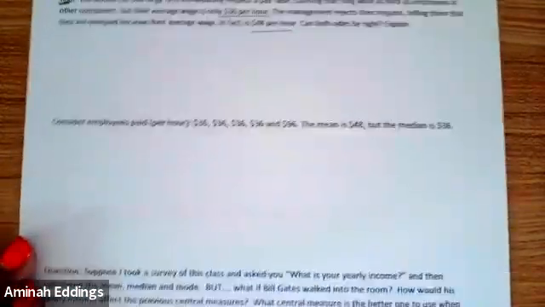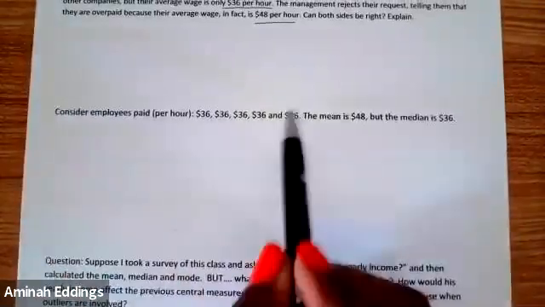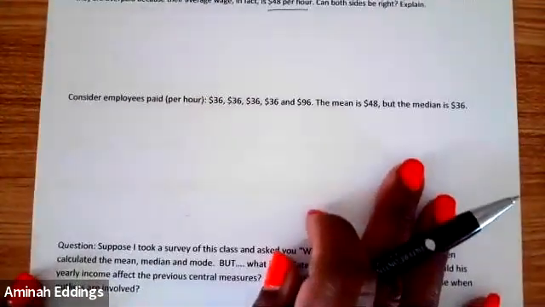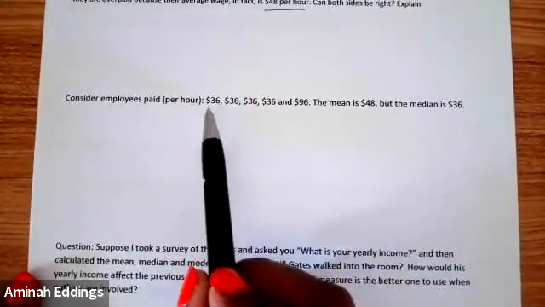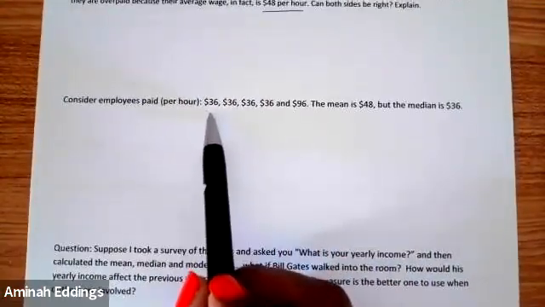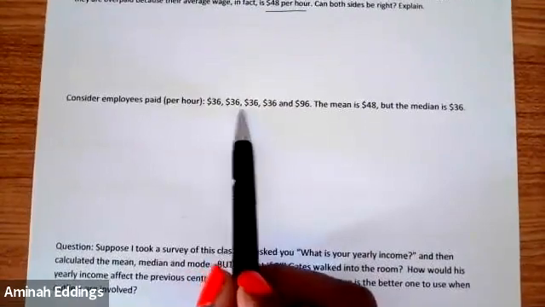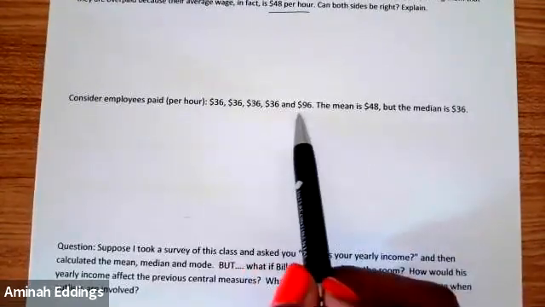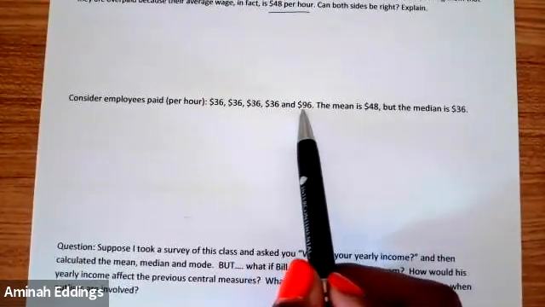All right, so one way to think about this, let's consider these as wages that the employees are being paid. So one person is being paid $36, another is 36, another is 36, another is 36, and then you have a wage of $96 an hour.